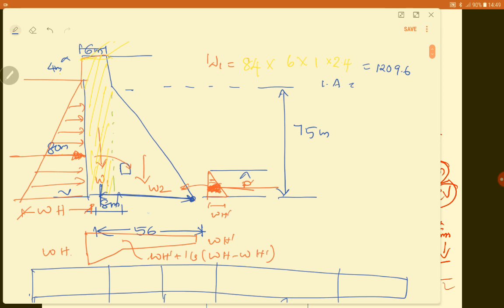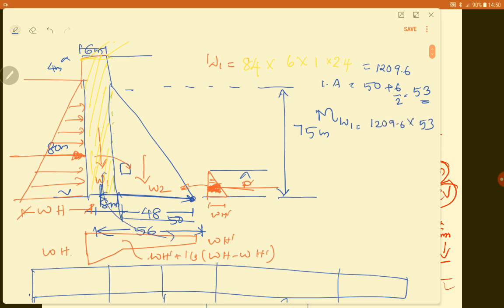This is 50. 50 plus 3, that is 6 by 2, that is equal to 53. That is the lever arm. So what will be the moment caused by this W1? Moment because of W1 will be equal to 1209.6 into this 53, right? So this will be the moment. That is the case of W1.